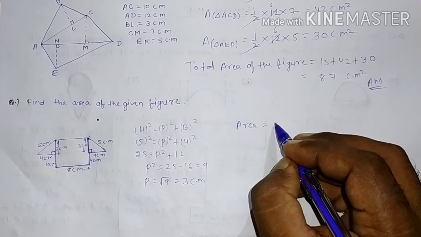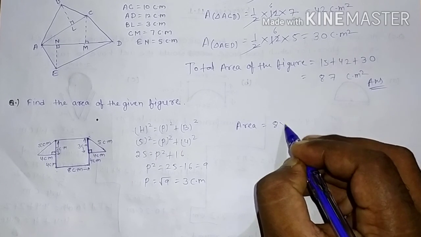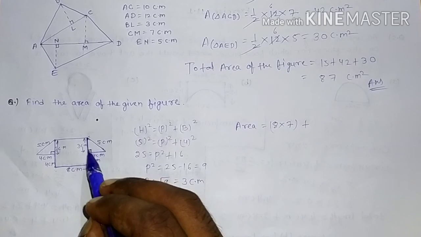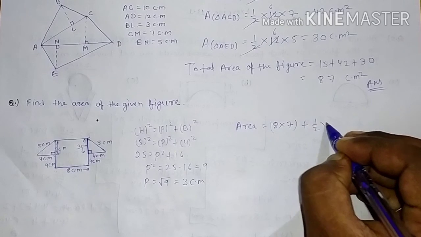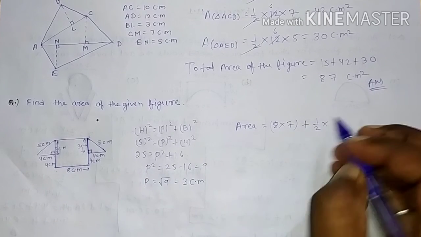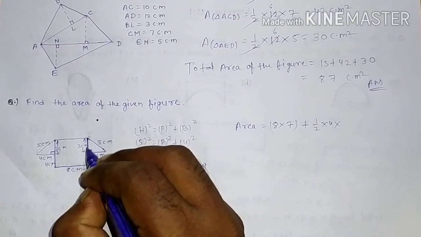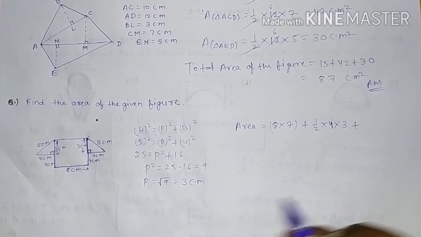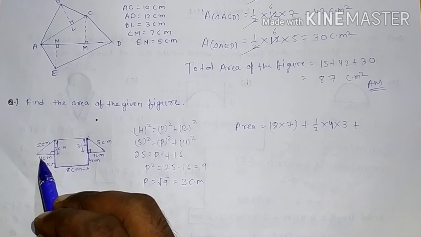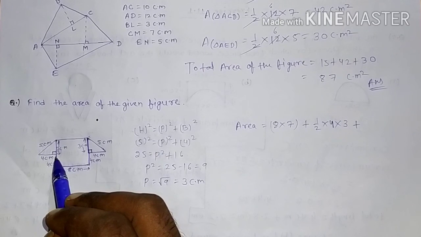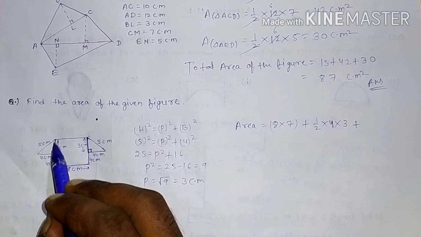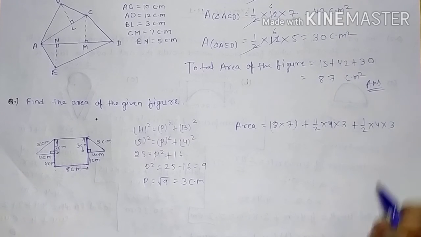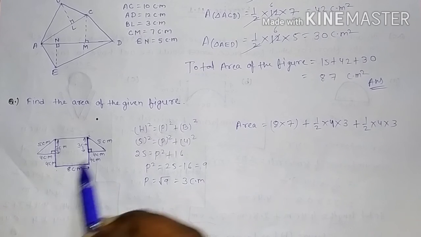So the area of the rectangle part is 8 into 7, plus area of this triangle, that is half into base 4 and height 3 centimeter, plus the area of this other triangle, that is half into base 4 into height 3. So half into 4 into 3. Now this is the area of the total figure.